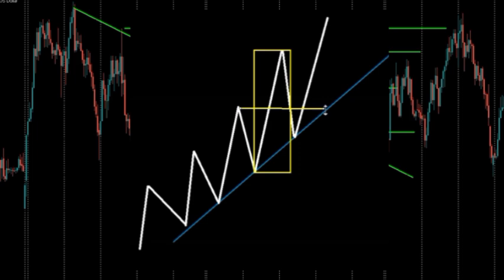At that point where it steps into that zone and touches the trend line, you buy. See, this is the premium zone, and this is the discount zone.